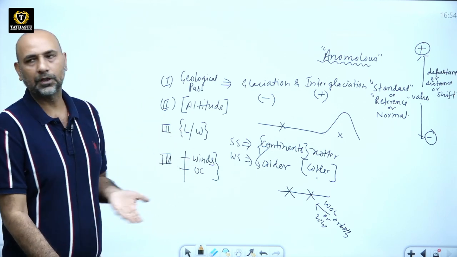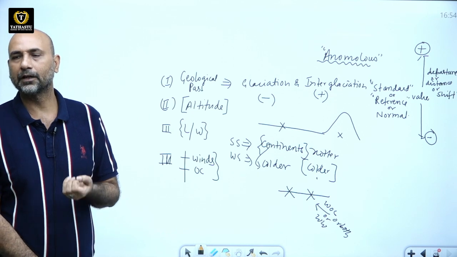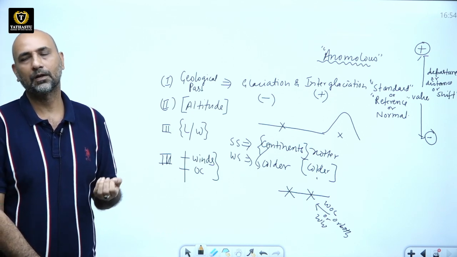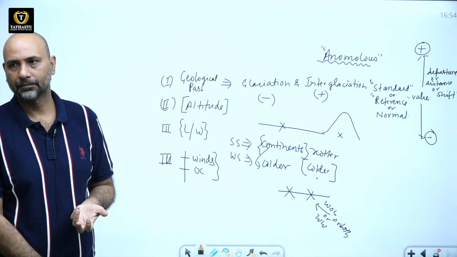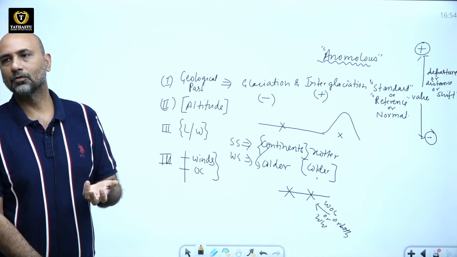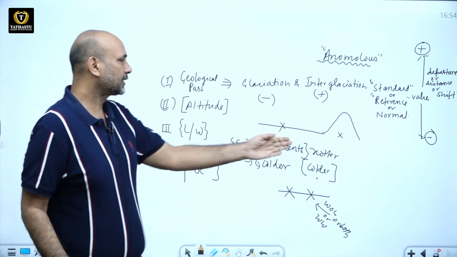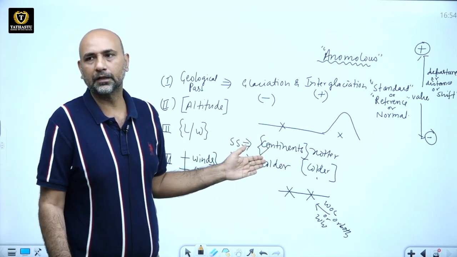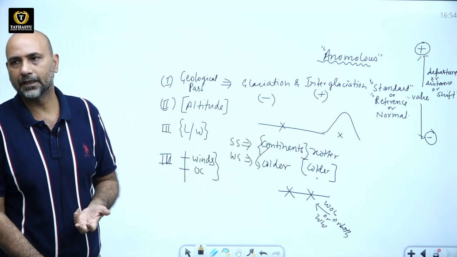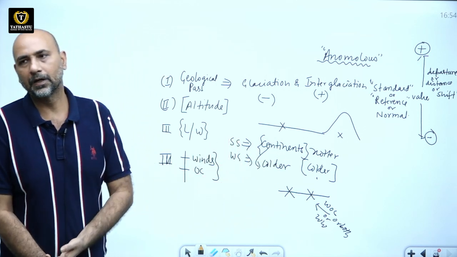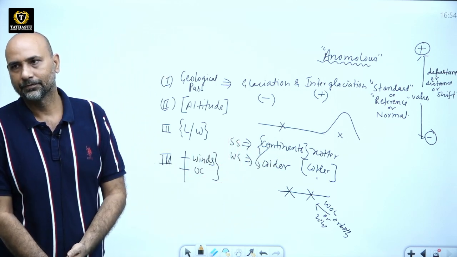Then distribution of land and water. You know that continents have rapid heating and rapid cooling compared to the oceanic surface. So that is also going to present the temperature anomaly. During the summer season, continents are hotter compared to the surrounding oceanic surface. During the winter season, continents are colder compared to the surrounding oceanic surface.